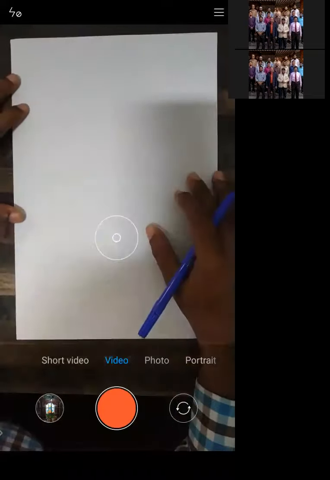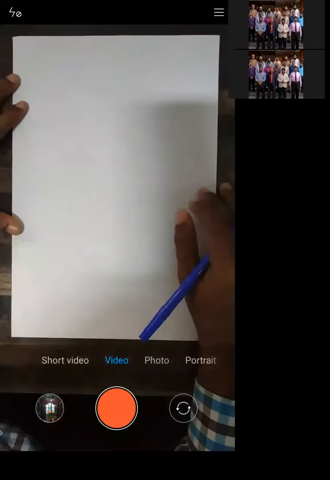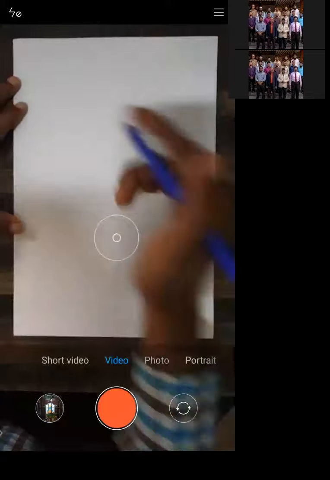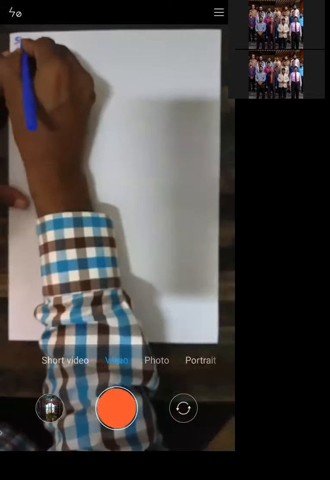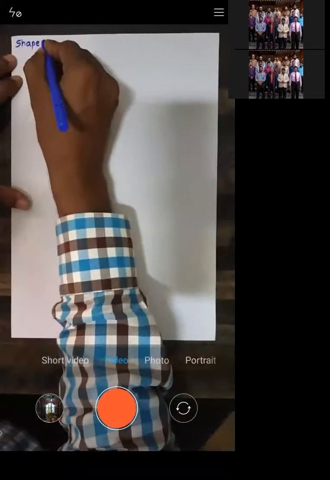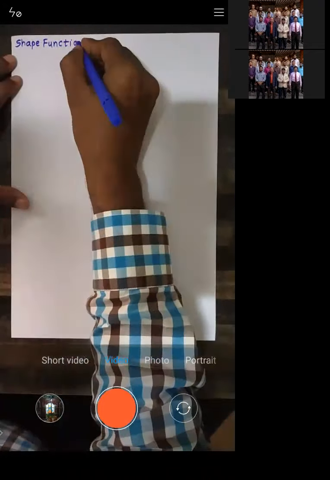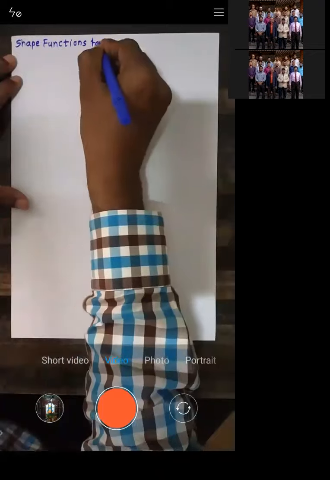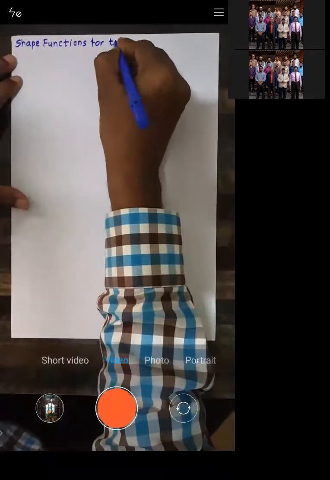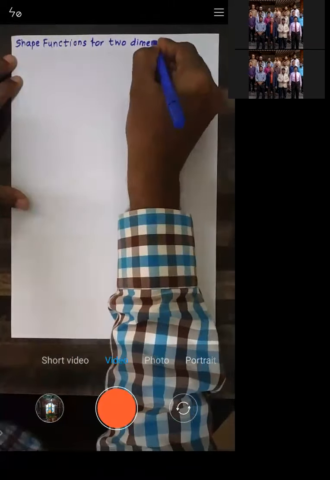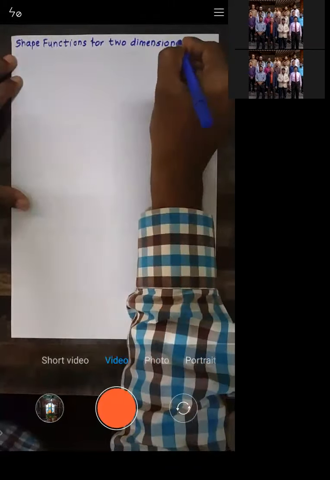In order to analyze such two-dimensional geometry, we should know the shape functions. So we will first derive the shape functions for two-dimensional elements.